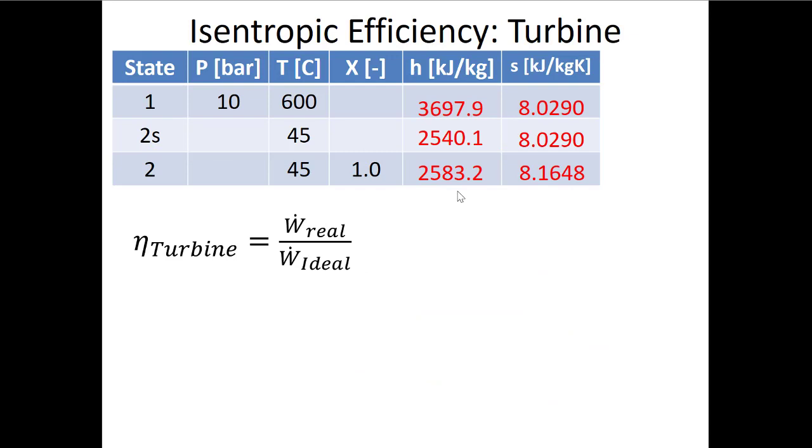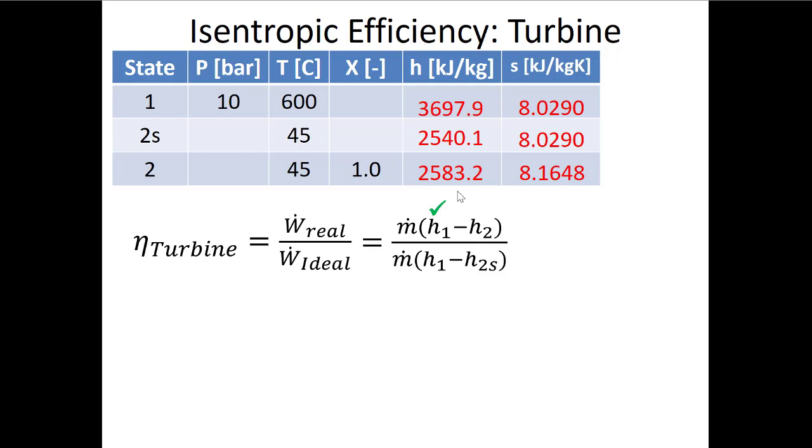So I can find now the isentropic efficiency. I remember for turbines, because they're producing power, ideal turbines are going to produce more power, so I put the ideal property on the bottom. I know from the first law that the equation for both of these is m dot times h in minus h out. I have the same mass flow rate in the ideal and real turbines.